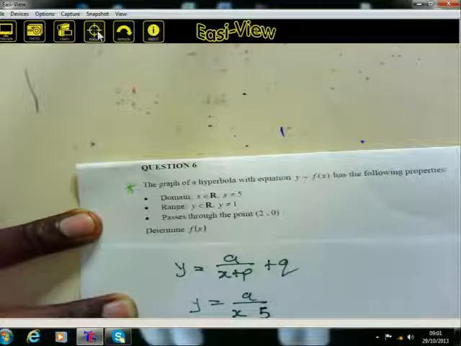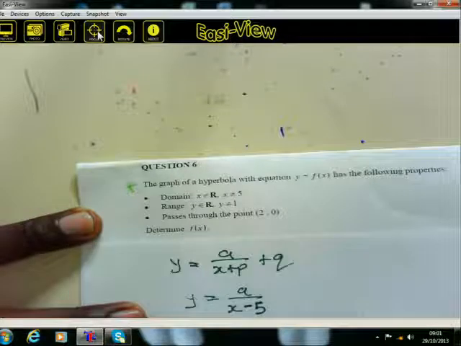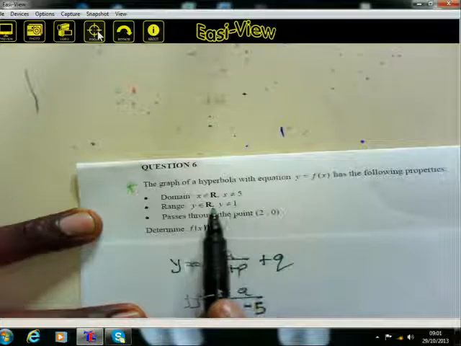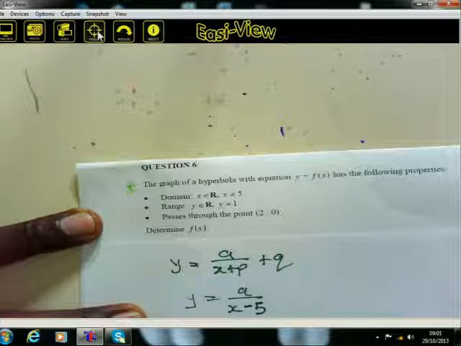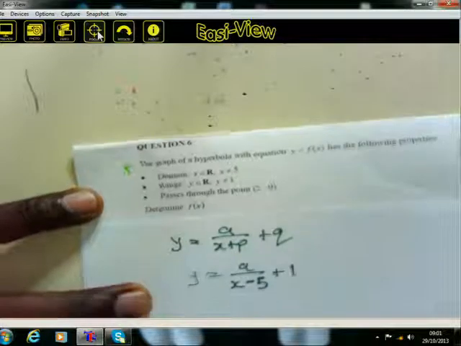But remember, when you bring 5 here, its sign changes. It becomes negative 5. And it does not touch y at 1. What is that? It is the y asymptote. And the y asymptote does not change.